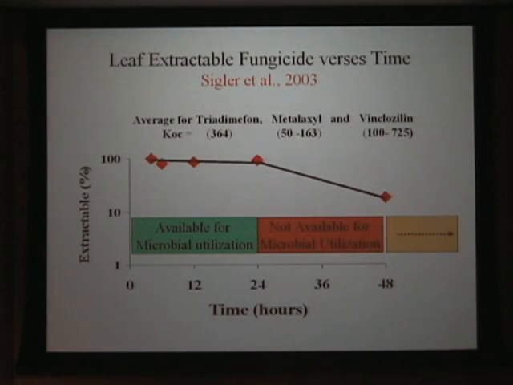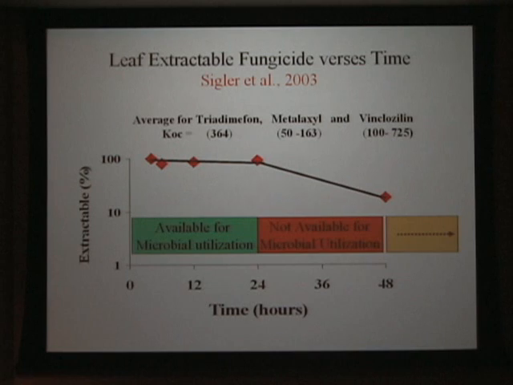However, if you look at pesticides that are fairly mobile, these are ones that do not absorb readily on foliage, it takes a fairly long time for them to get tightly absorbed. What you see in general is that for about the first 24 hours, you can extract all that material back off. And the author indicated that during this period of time, that pesticide should be metabolized by microorganisms.